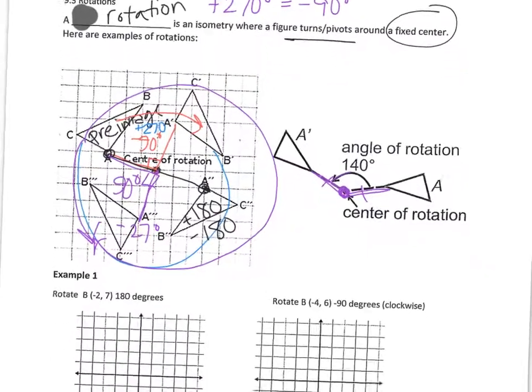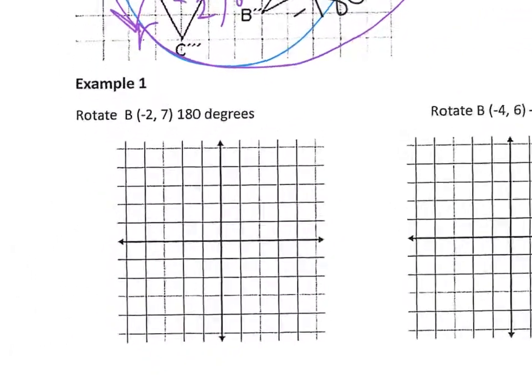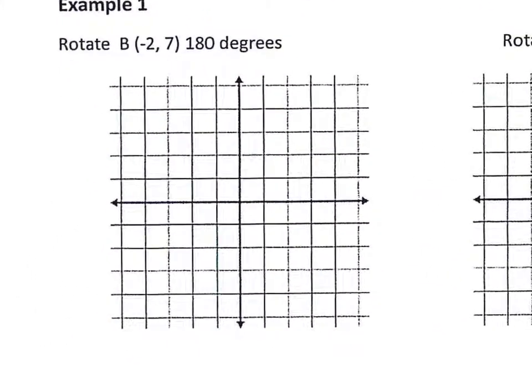So down here, example 1, rotate negative 2, 7, 180 degrees. So negative 2, 7 is going to be off our chart again. So this is going to be B. Now, it should be written that this is going about the origin. We're going to do all of them about the origin here. So I'm going to connect B to the origin. And if I want to go 180 degrees, it's going to make a straight line.